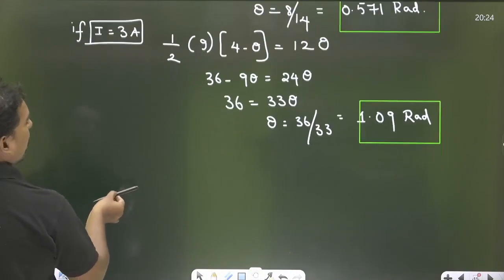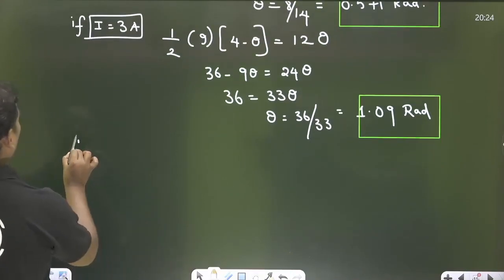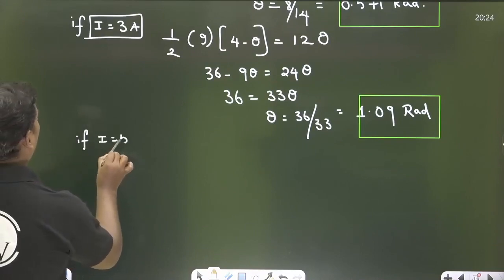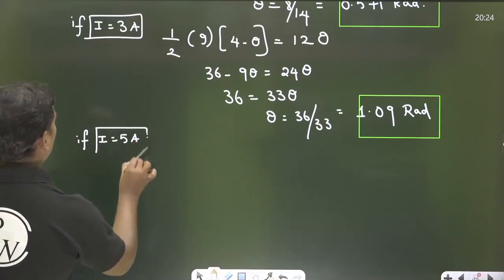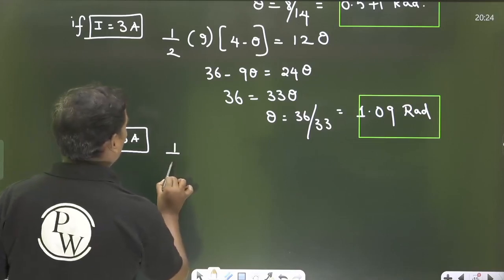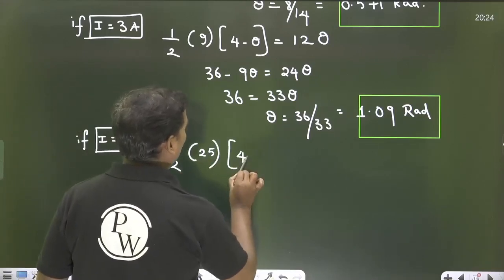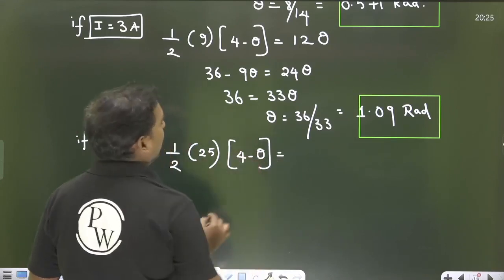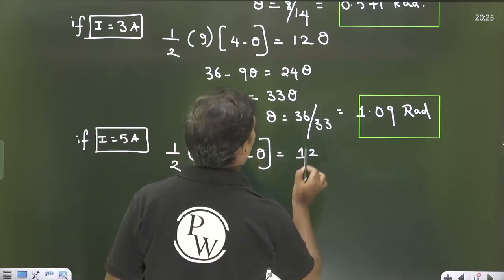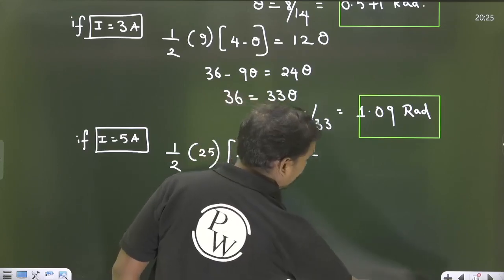Next we are going for the last, I is equal to 5 amperes. If I is equal to 5 amperes, what can I write? Half of 5 square means 25 here, times 4 minus theta, and this is always 12 theta, right?